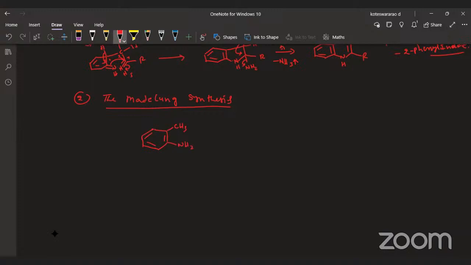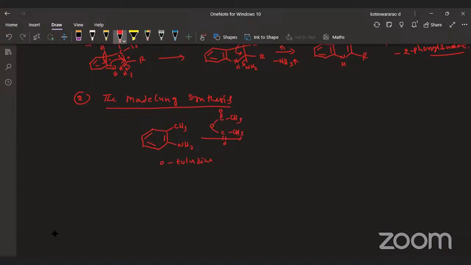This is the ortho-toluidine. Whenever it is treated with acetic anhydride. This is the acetic anhydride.